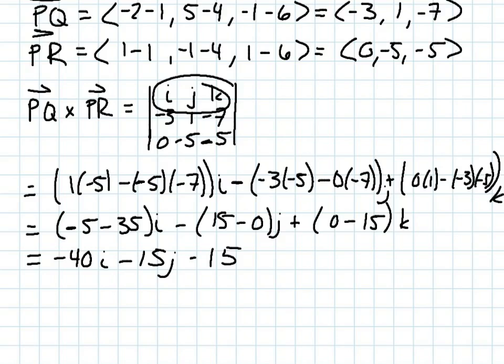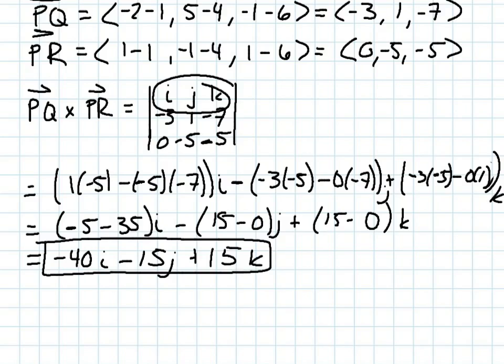Oh, looks like I got those in backwards order. Let me reverse this. So I should have had negative 3 times negative 5 minus 0 times 1. That's my fault. So then these two should be switched around as well, so it should be positive 15k. Okay, so there's our vector.